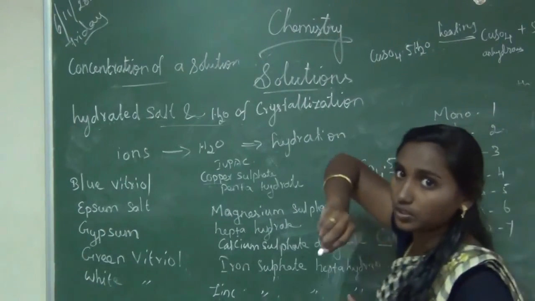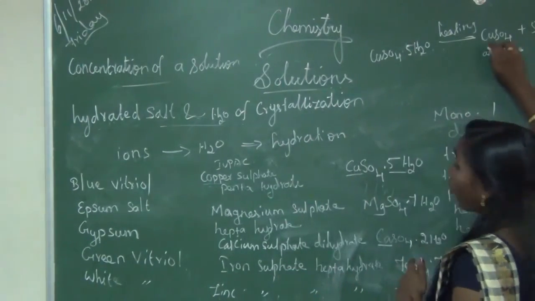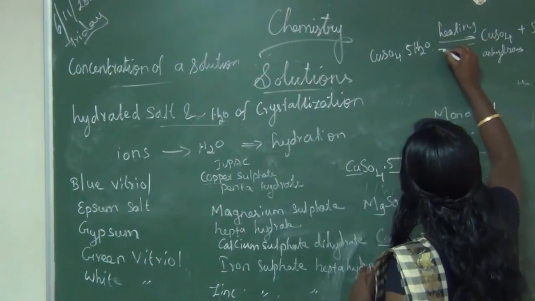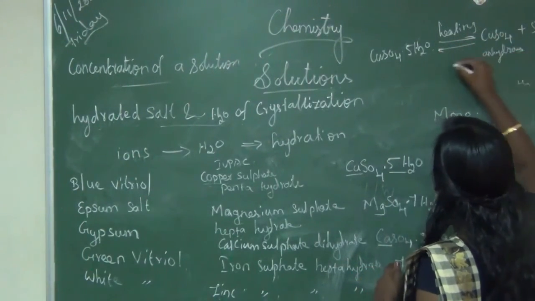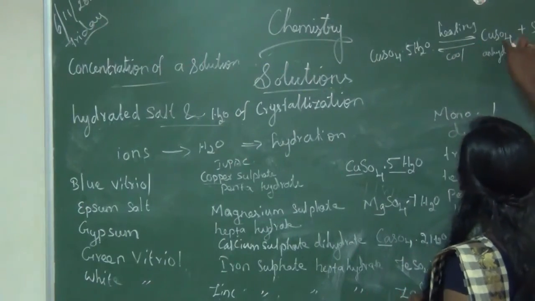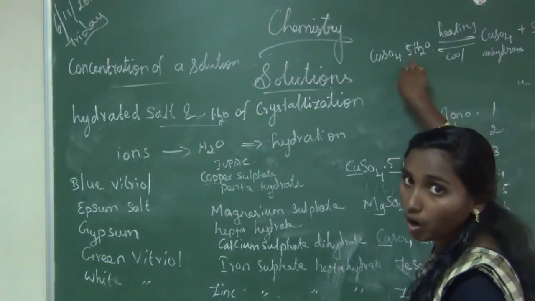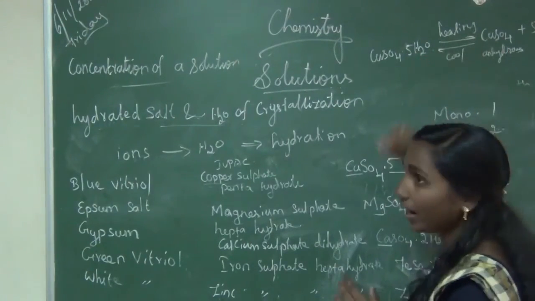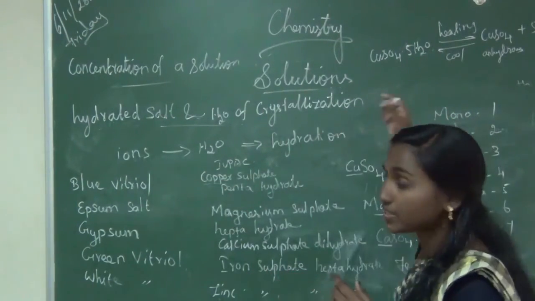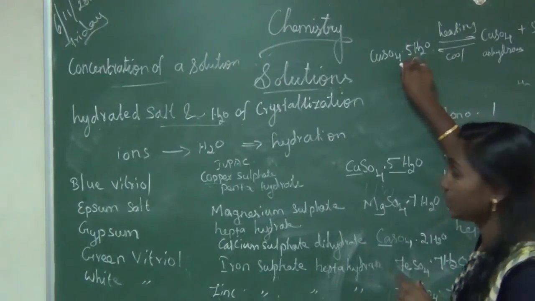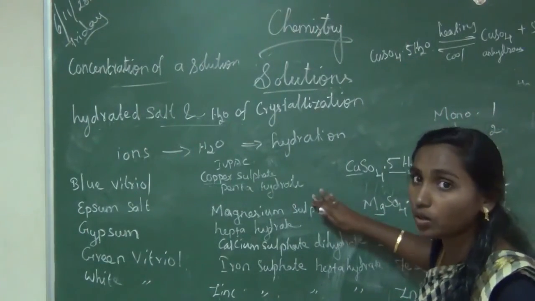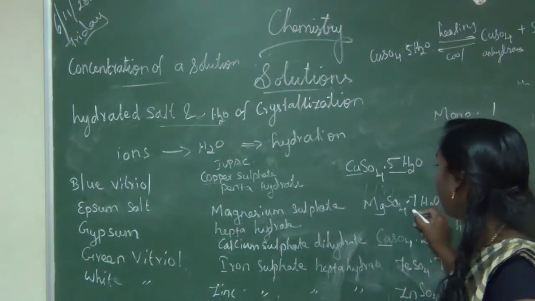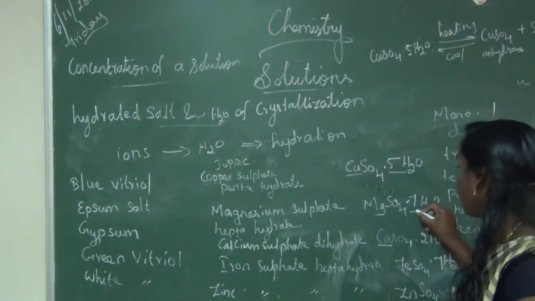Here you can write anhydrous copper sulfate. Anhydrous means powder, dry form. So dry copper sulfate. On cooling this anhydrous copper sulfate, or adding a few drops of water, again it will turn back into copper sulfate pentahydrate. Have you understood blue vitriol? Then next, Epsom salt. How many water molecules does Epsom salt contain? 7 water molecules.